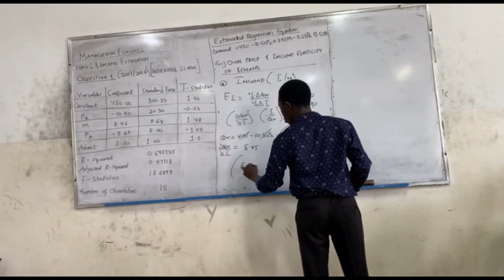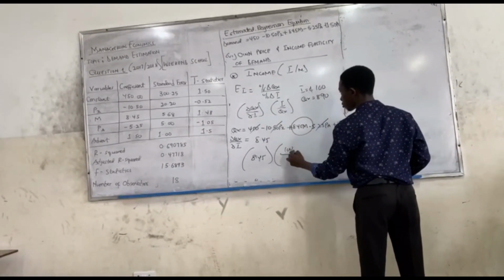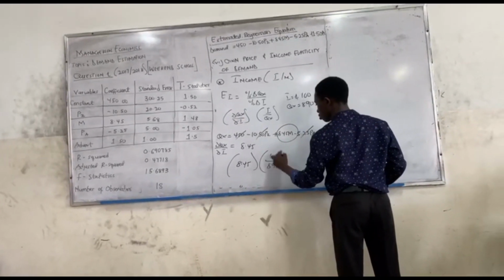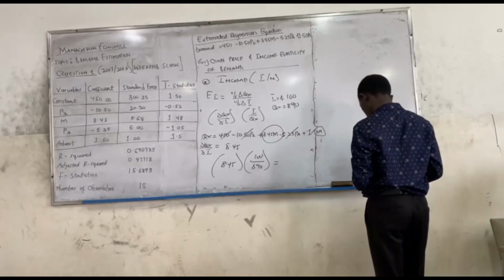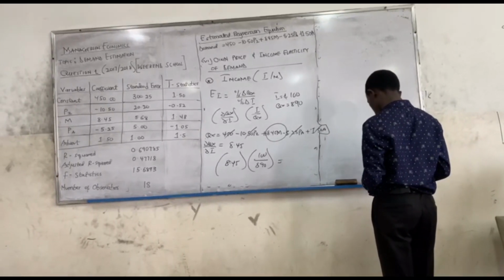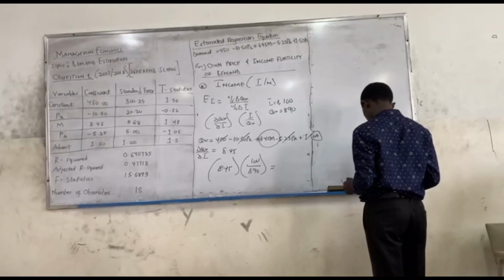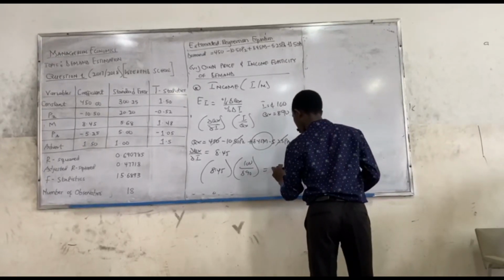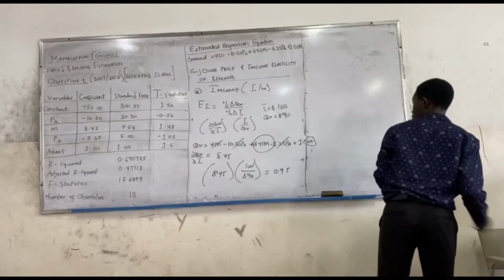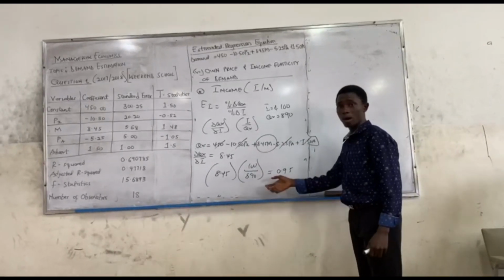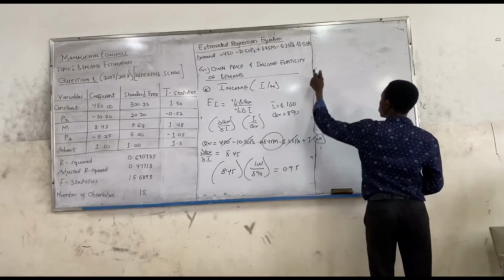So 8.45, income 100, QS 890. For income elasticity, if it's positive, it's a normal good. If it's negative, it's an inferior good.